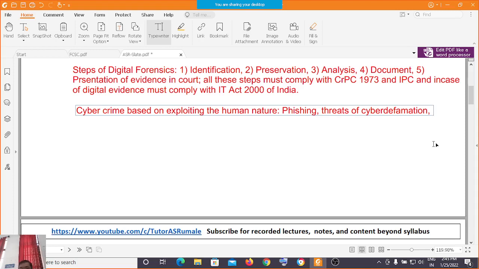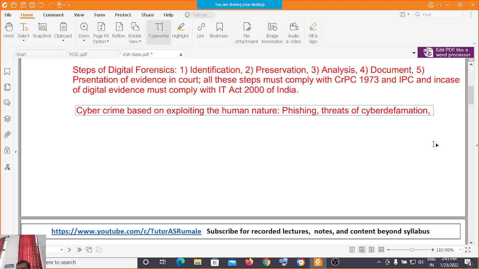But this happens because many times we think in terms of our social status, and we don't want to get it damaged, and the criminal uses that as a tool to blackmail people by taking their photographs in some way that is not socially acceptable and then threatening to put them online.